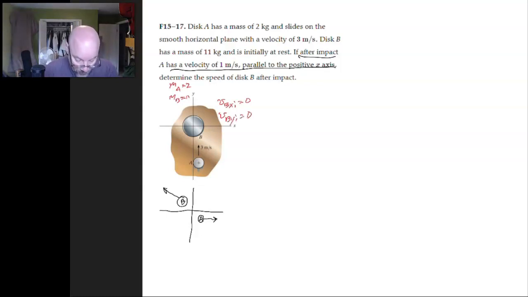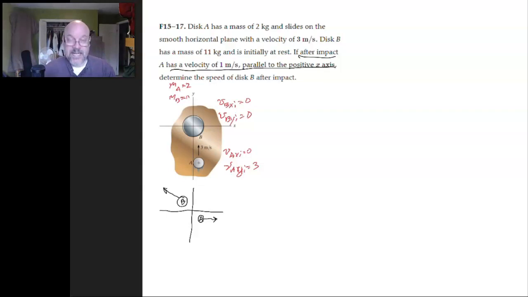Now, for our other one, VAX initial is 0, and VAY initial is 3. Okay, straight up just like that. So I've got my before components labeled, all right?